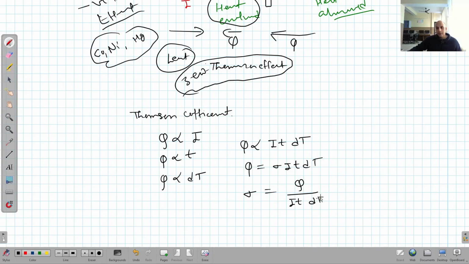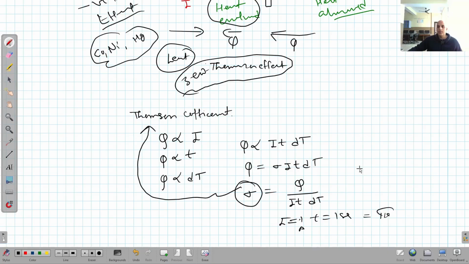This constant of proportionality is called the Thomson coefficient. If you take I equal to 1 ampere, t equal to 1 second, and dT equal to 1 Kelvin, then sigma is equal to Q. So the Thomson coefficient is defined as the amount of heat energy evolved or absorbed when unit current flows through a conductor for unit time, whose two ends are maintained at a temperature difference of 1 Kelvin.